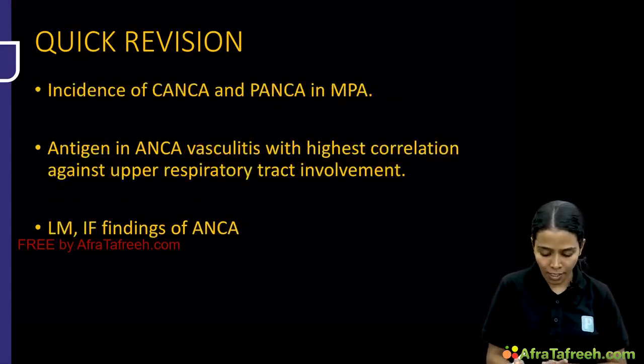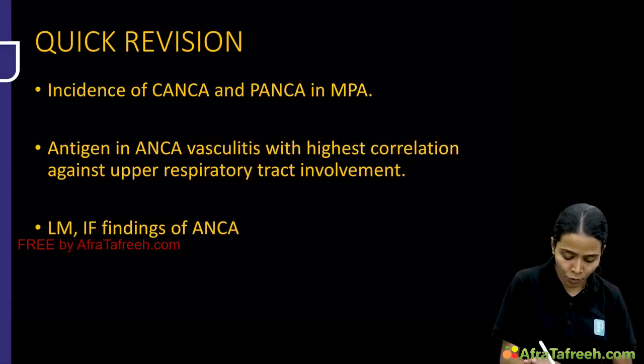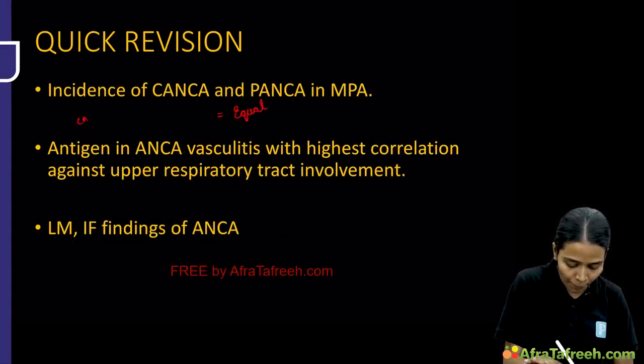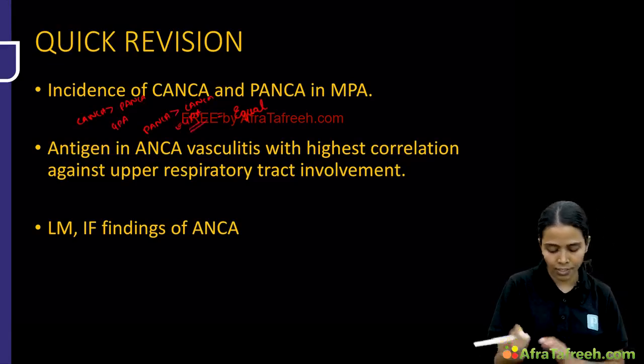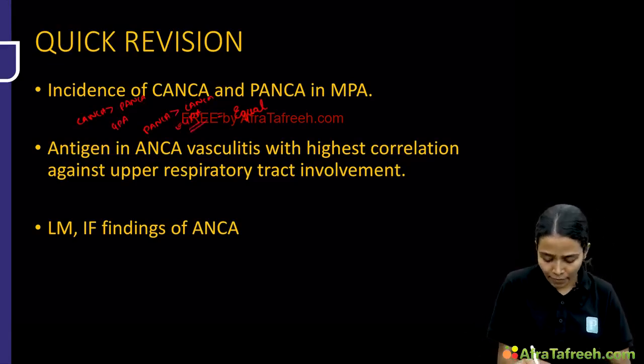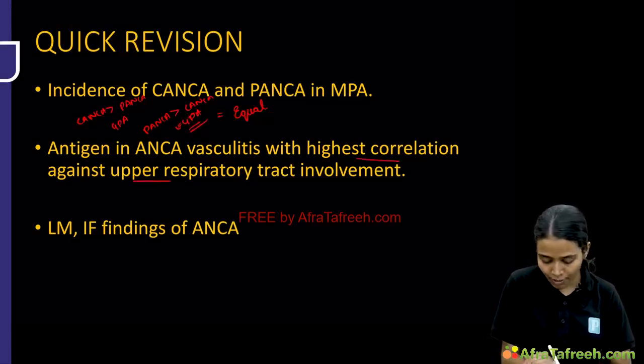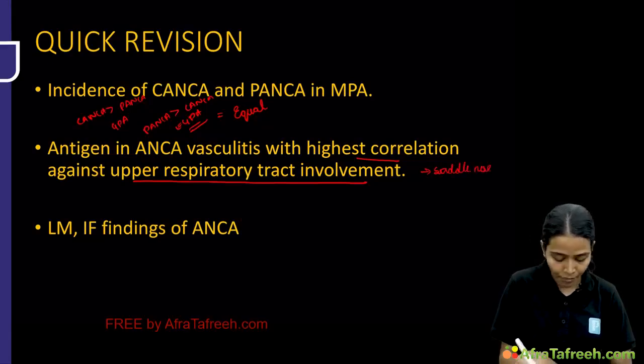Now incidence of C-ANCA and P-ANCA in MPA, we should know that it is equal, and C-ANCA is more than P-ANCA in GPA, and P-ANCA or MPO is more than C-ANCA or PR3 in EGPA. In microscopic polyangiitis, it is equal. Antigen in ANCA vasculitis with highest correlation against upper respiratory tract involvement and which can predict saddle nose is PR3.